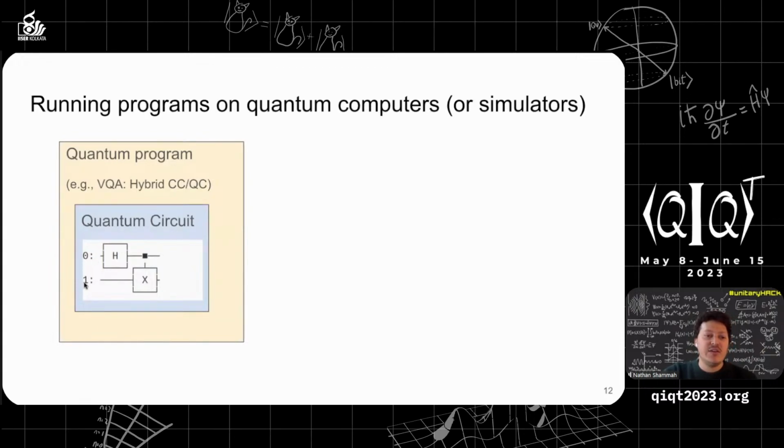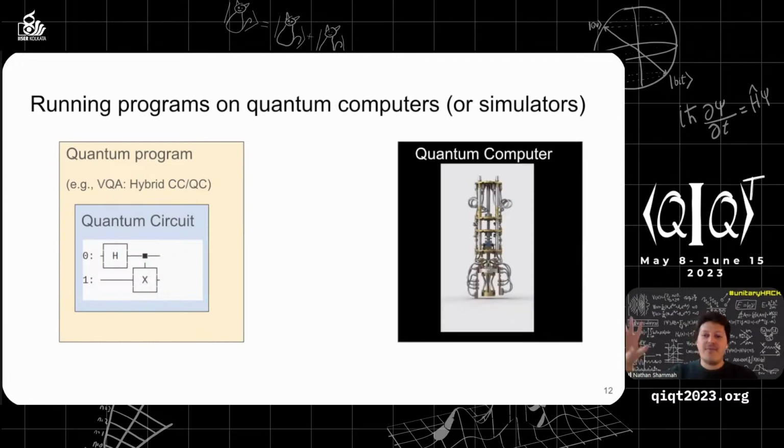Here you see 2 qubits that are then manipulated with a single qubit operation and a 2-qubit so-called controlled-NOT operation. There are also more complex types of programs that plug these quantum circuits into a hybrid classical computing part, and they're used especially for VQA applications, variational quantum algorithms.